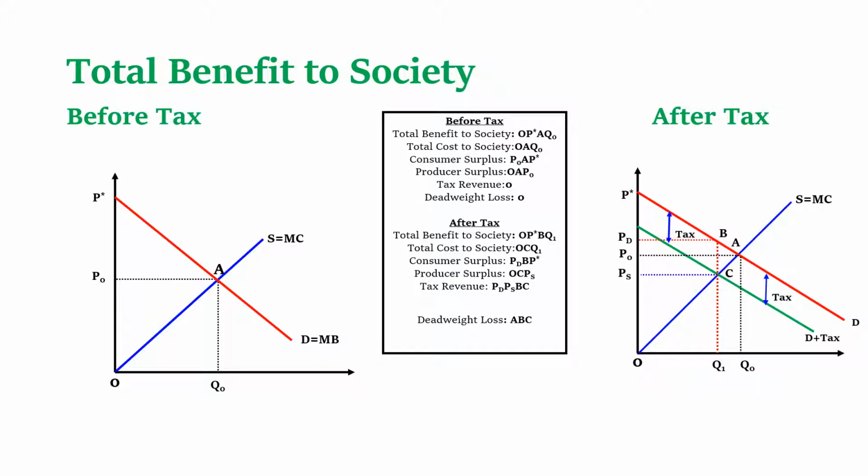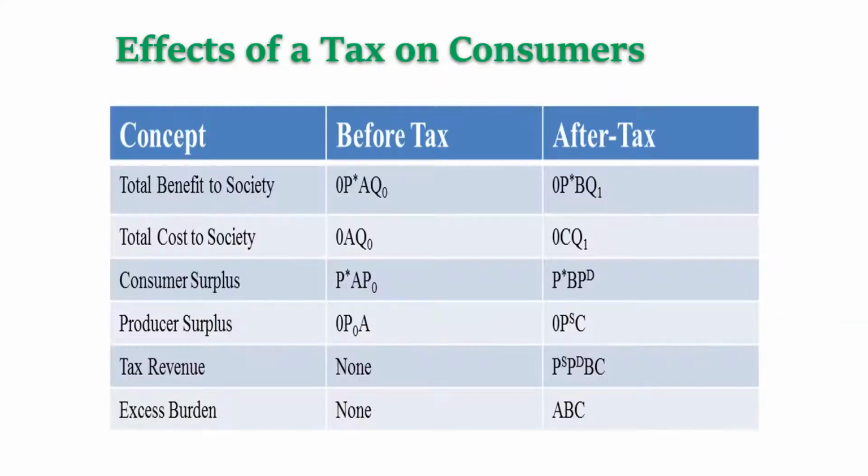So the more inelastic the demand and supply, the greater the excess burden. And the side of the market that is more inelastic is going to bear a greater part of the burden of the tax than the side of the market that is less inelastic. Let's move on.